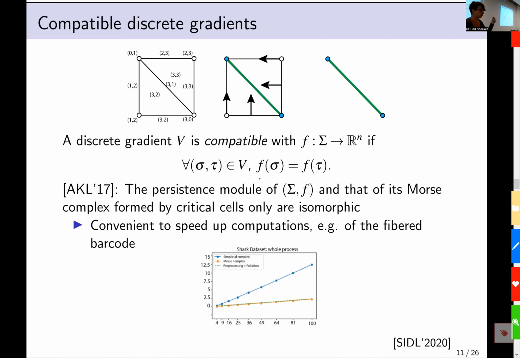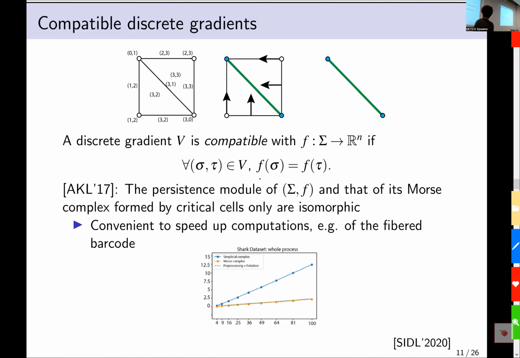Either you recompute each time you have a new line, and the computation means you are reducing a boundary matrix, so you are repeating many computations because maybe two lines need the same reduction, or you reduce in advance using discrete Morse theory. You reduce to critical cells, and then you compute the barcodes for each line.